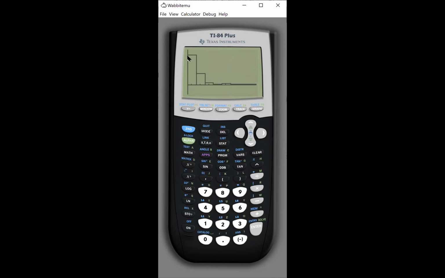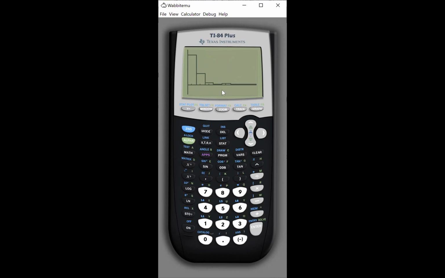And you get the histogram. By looking at the histogram, what type of distribution is this displaying? You should see it's skewed to the right.